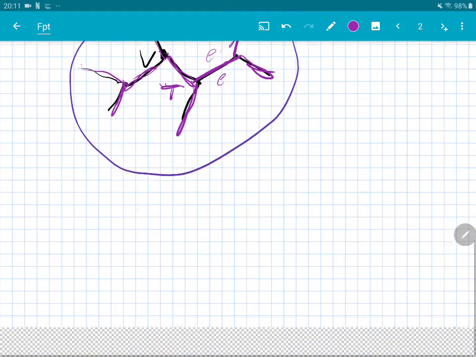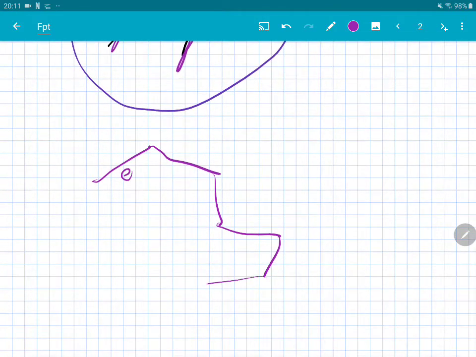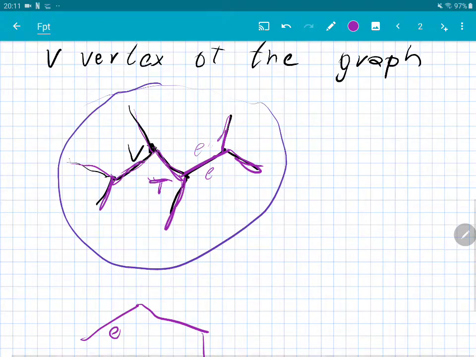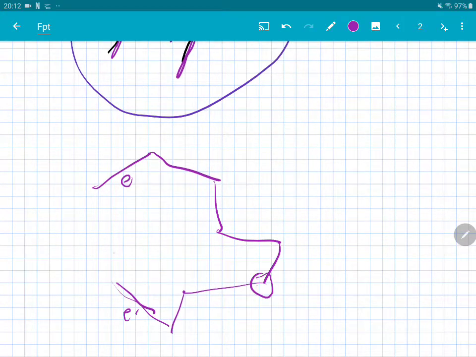So if I take this cut sphere and draw it on the plane, T becomes in fact a polygon. Every edge E would have some copy, and then later on there would be another copy, maybe this is a copy E prime. Notice that the vertex V might appear here now several times, here and here and here.